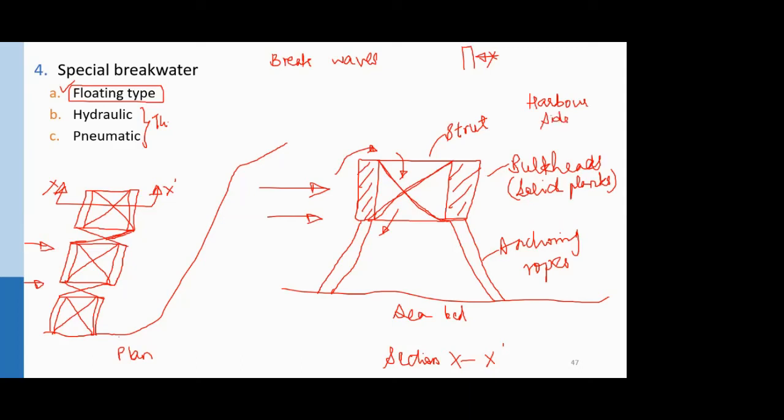Okay, so this is the harbor side, this is the sea side. So this is nothing but your floating type. Now this is a very crude or very basic type of floating breakwater.